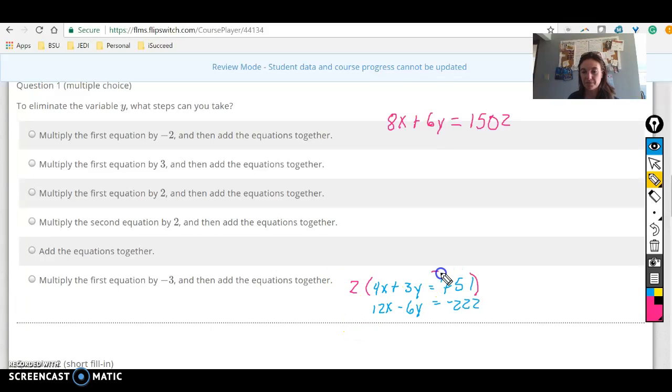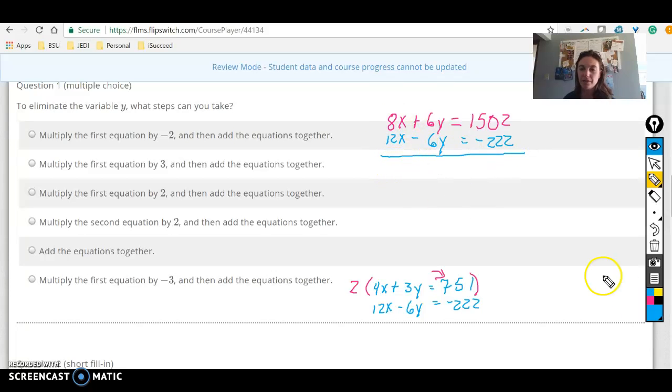So that's why I multiplied the 751 by 2 as well. And then I've still got that same 12x minus 6y equals negative 222.